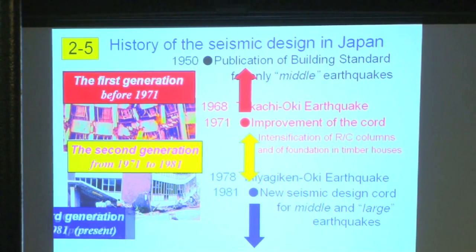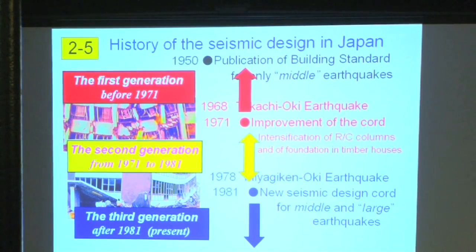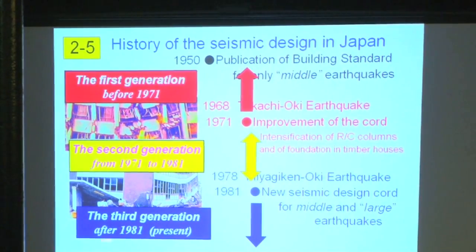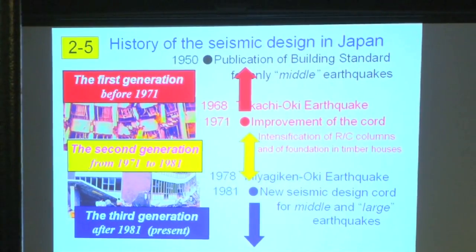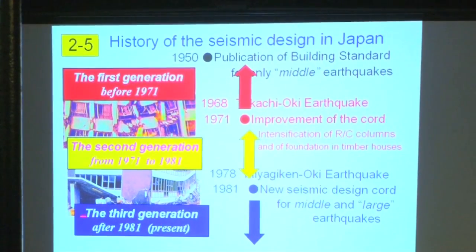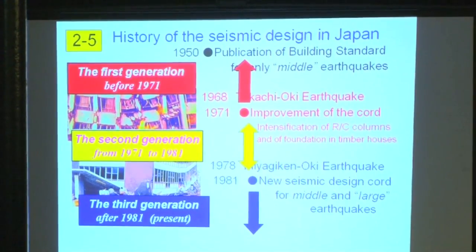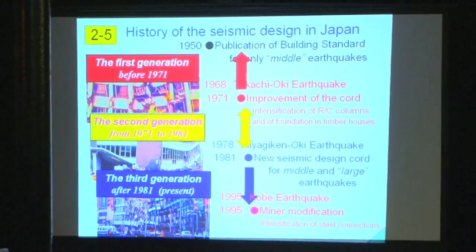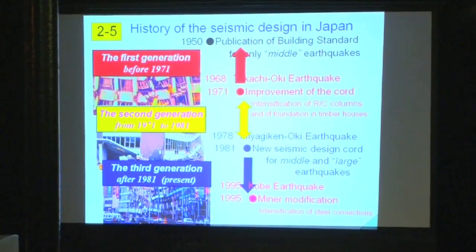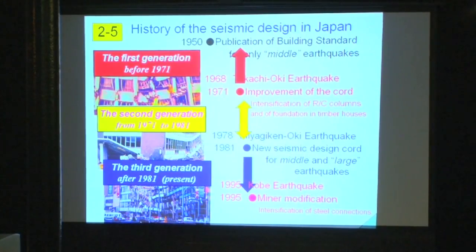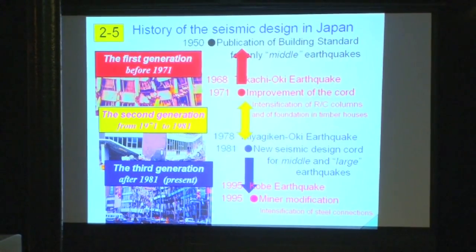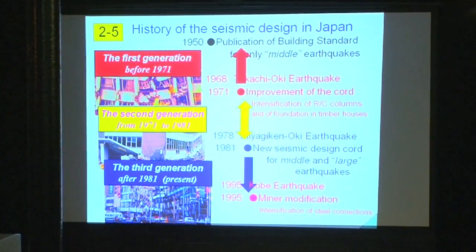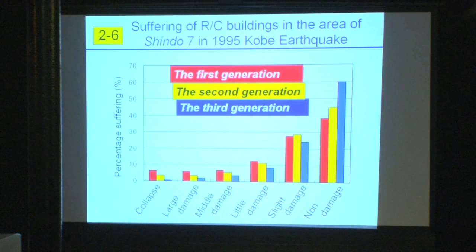And we call structures after 81 the third generation, designed by the new design code. In the 95 Kobe earthquake, we could compare the performances of earthquake resistance among structures of the 3 generations.